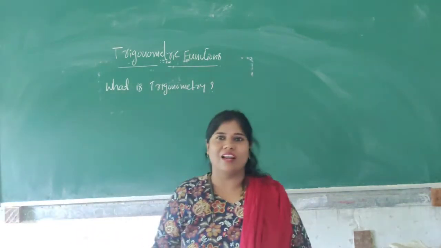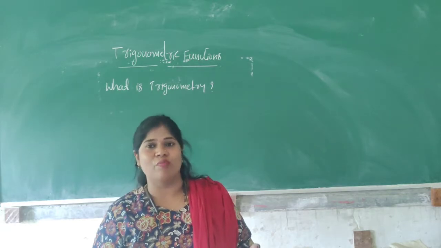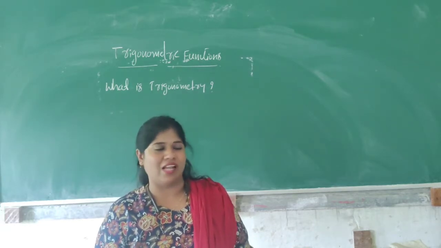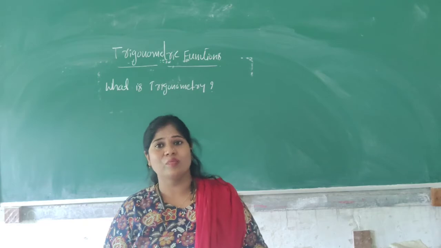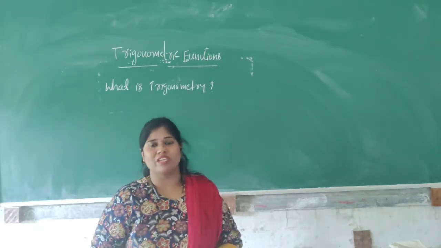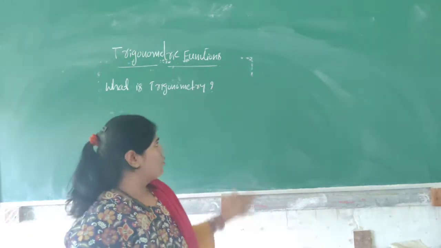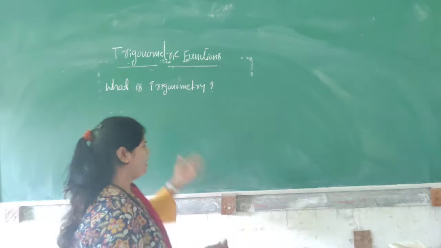The literal meaning of the word trigonometry is the science of measuring sides and angles of a triangle. Okay, so we will write the definition.